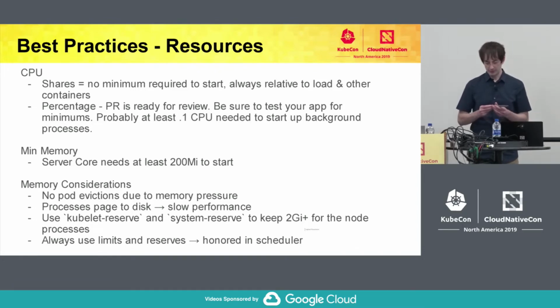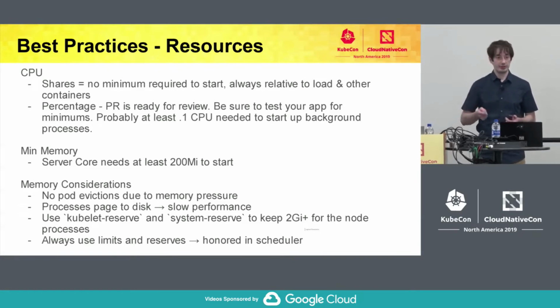One of the next questions that we commonly get when people are starting out is, what do I need to do when it comes to resource consumption? The two main areas to look at are when you're creating your container spec and adding your resources, you can put CPU and memory on there.